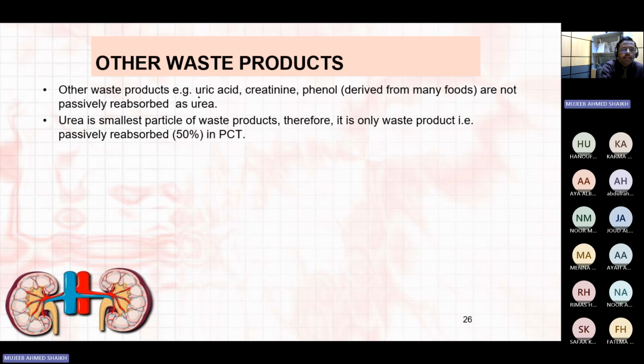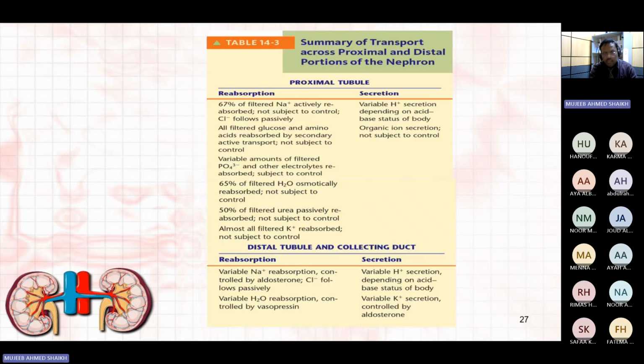Magnesium is also reabsorbed in the PCT, thick ascending limb of loop of Henle, and DCT. Other waste products like uric acid, creatinine, and phenol are not passively reabsorbed like urea. Urea is the smallest particle of the waste products, so it is the only product which is passively reabsorbed, whereas uric acid, creatinine, and phenol will be lost into the urine. This is the summary.